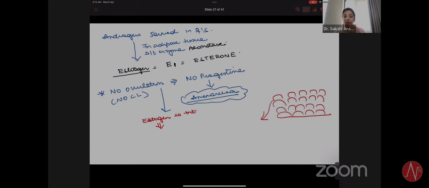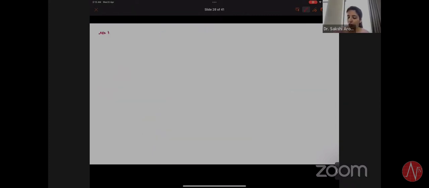This estrogen which is present in the body will proliferate the endometrium. This endometrium is not supported by progesterone.